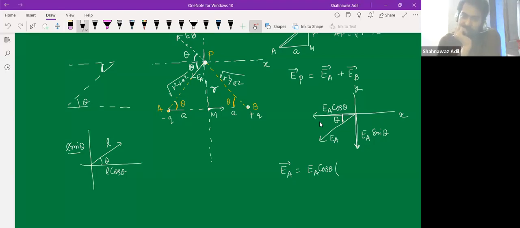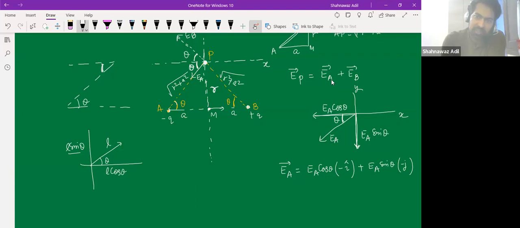Negative x, which is I hat, is the direction. I, J, K are the directions, right? And then you have EA sine theta. And what is the direction? Negative j. Right. So we have got EA.